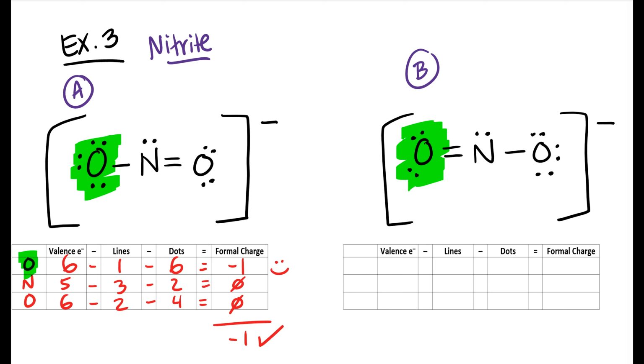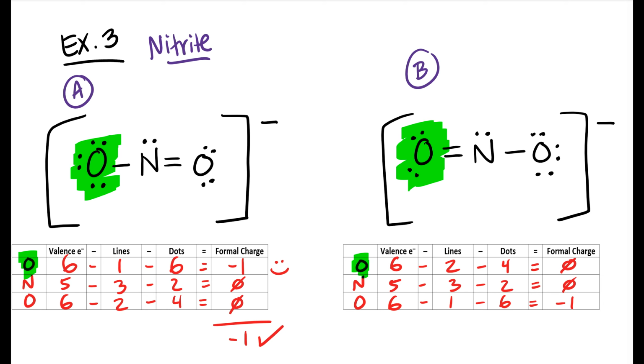But let's check structure B and see if we have something better. So our highlighted oxygen in green, we have 6 minus 2 lines minus 4 dots, 0 formal charge. Nitrogen is also 0. And this remaining oxygen is -1.